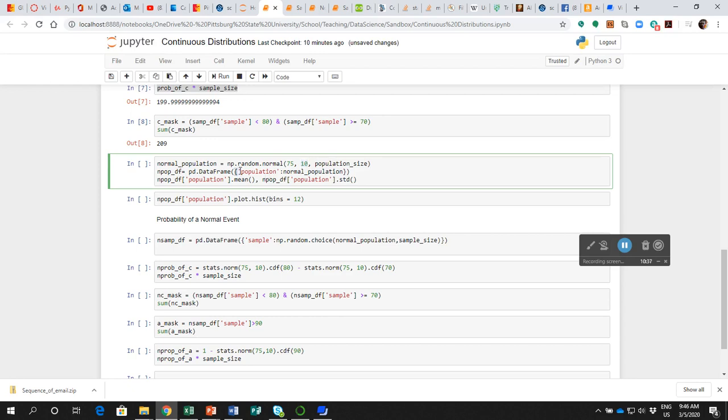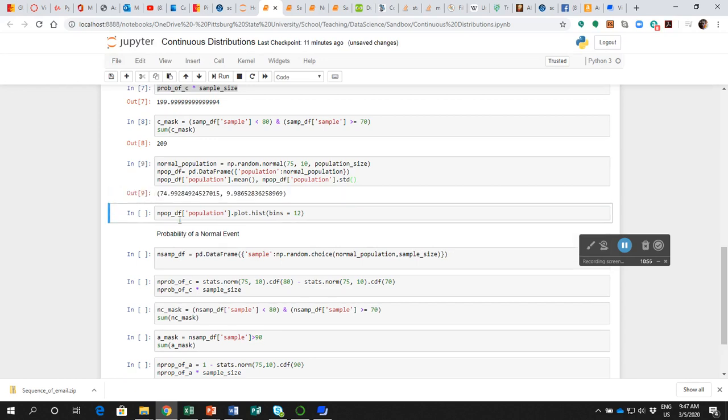As before, I'm going to make a data frame out of it, calling the data population data, but I'll call the data frame in pop for normal pop. And then I'm going to calculate its mean and its standard deviation. And again, this is almost 75 and this is almost 10. So our population does have close to what I had desired.